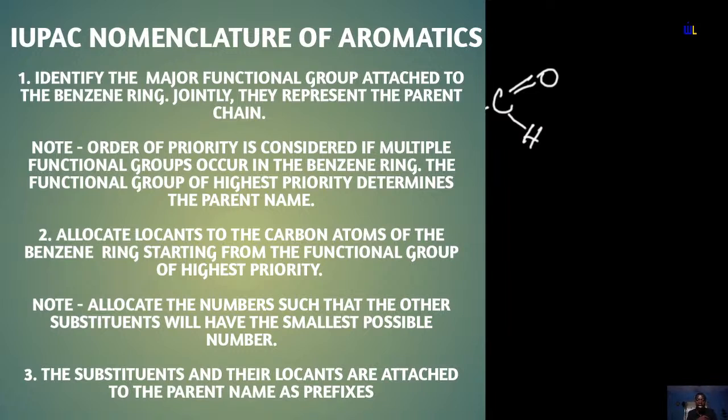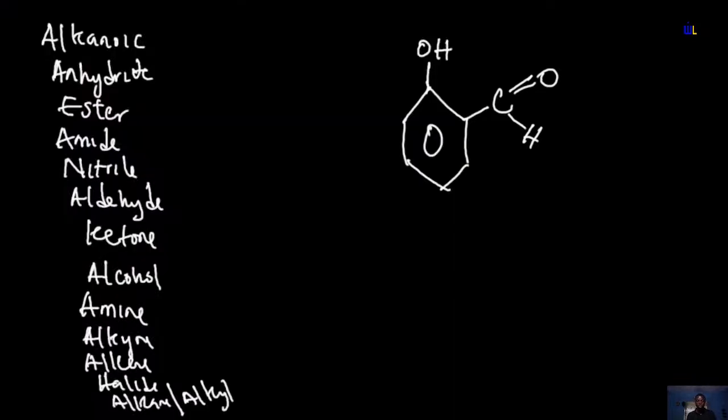The next rule now says, allocate locants to the carbon atoms of the benzene ring, starting from the functional group of highest priority. What does this simply mean? It means that the carbon atoms of the benzene ring will be allocated some numbers, and those numbers are going to start from the carbonyl group, the functional group of highest priority.